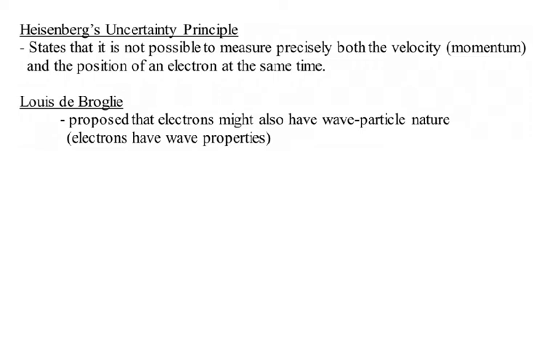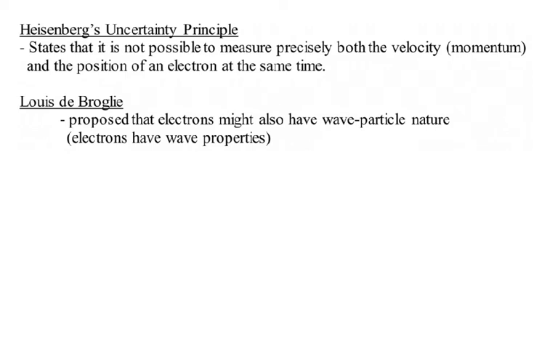So if the electron is like light, then not only is it a negatively charged particle, it also has wave-like properties such as wavelength, frequency, crest, trough, all the properties that waves exhibit. So what ended up happening is that Louis de Broglie proposed the idea that electrons also are waves and particles, so they're both.